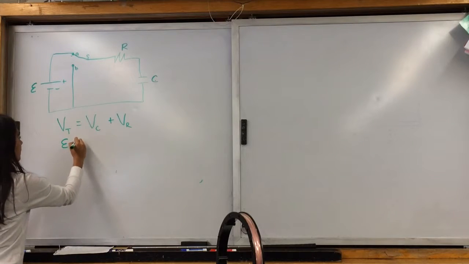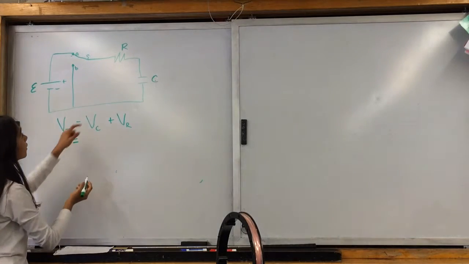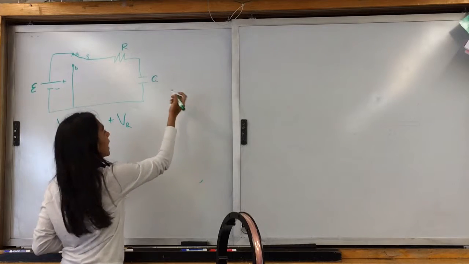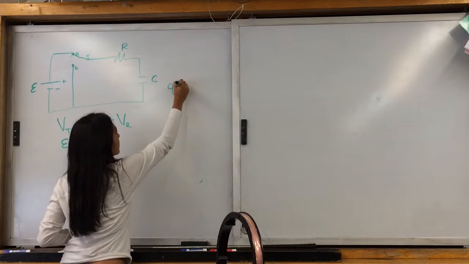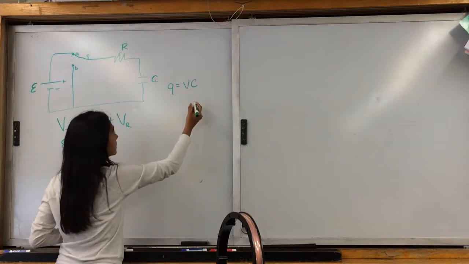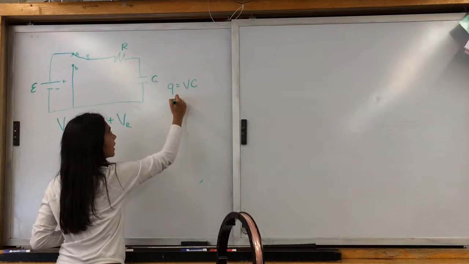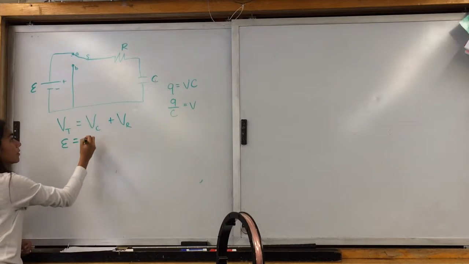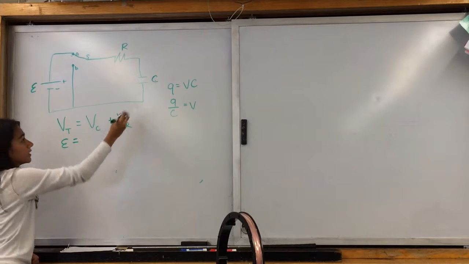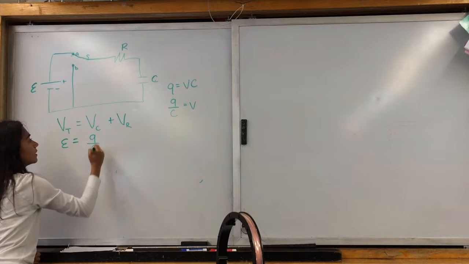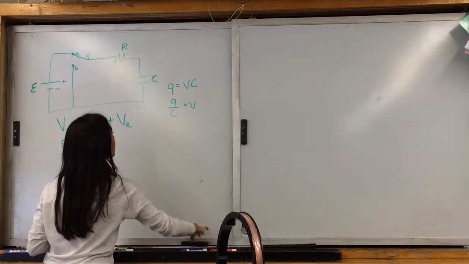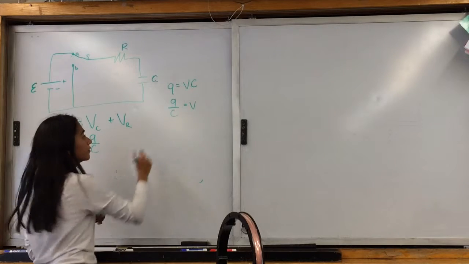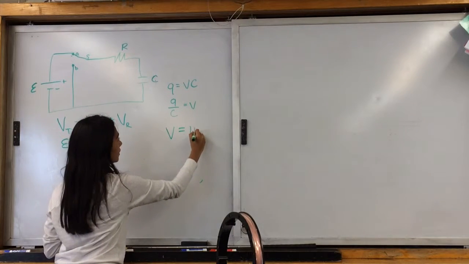For the voltage on the capacitance, we learned last year the formula Q equals VC, and solving for V, you get Q over C equals V. So the voltage on the capacitance is Q over C, and the formula for voltage for resistance is V equals IR.